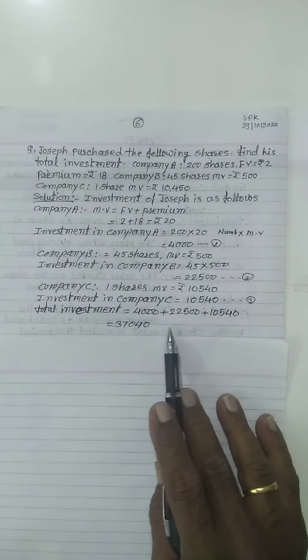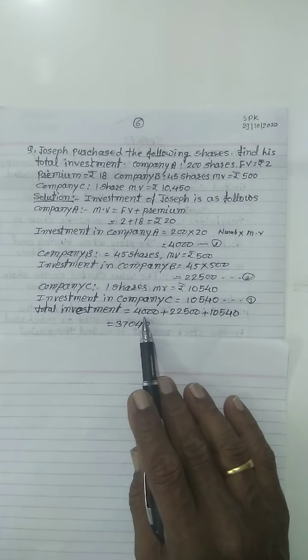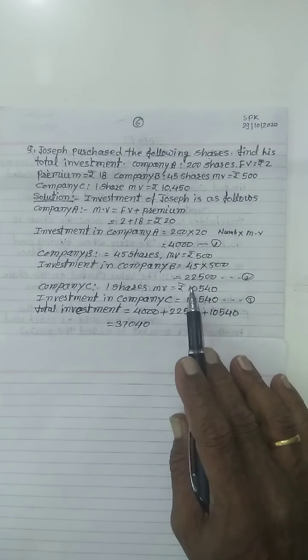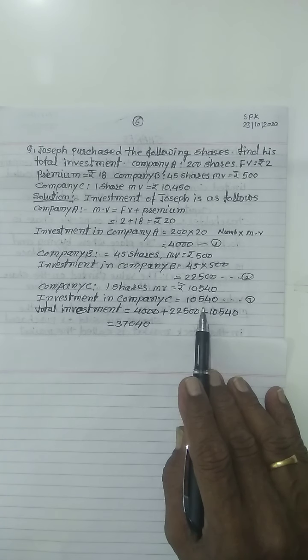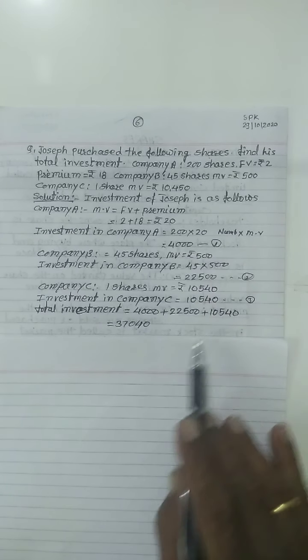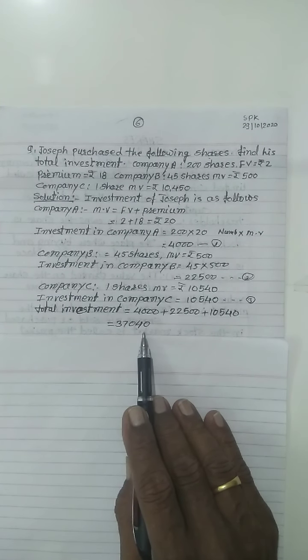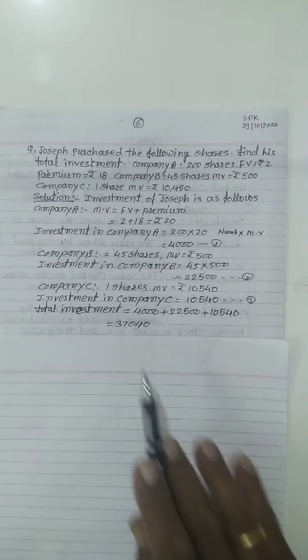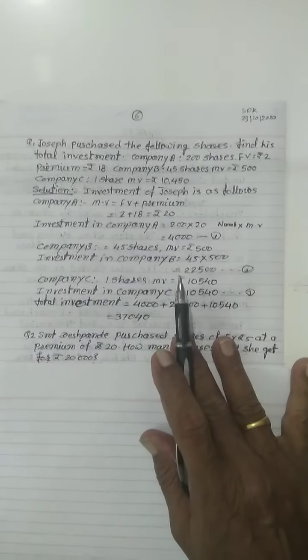The total investment of Joseph is 4,000 plus 22,500 plus 10,540. We get here 37,040 rupees. The total investment of Joseph is 37,040 rupees. Now we see another example.